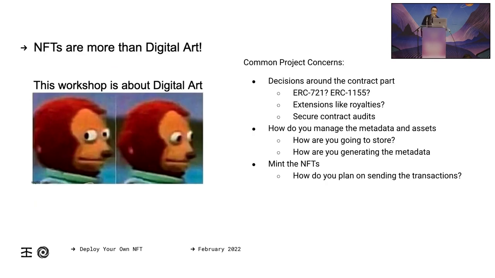All right, now that I said all that, this talk is going to be about digital art. So if you're doing a digital art or a digital collectible project, these are the kinds of concerns that might be floating through your head as you're putting your project together, right? What contract am I going to use? Is it 721? Is it 1155? Do I need to use extensions? Like, am I going to have royalties on this?